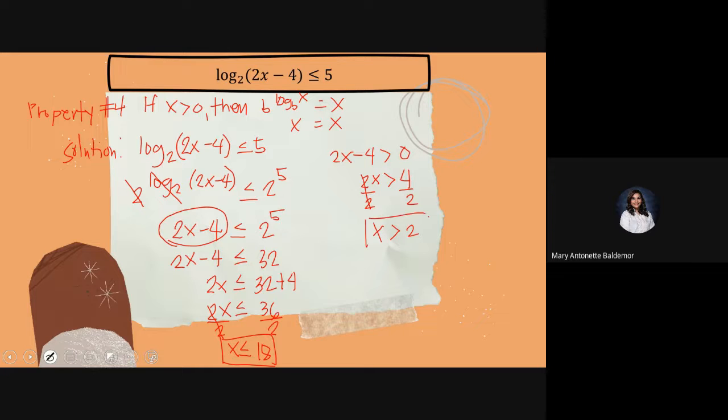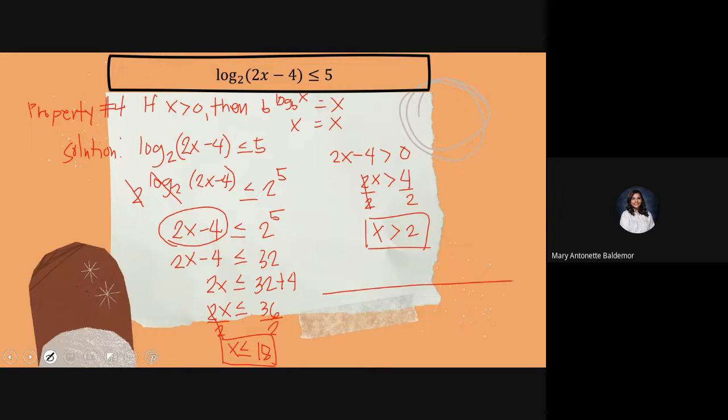Now, we can solve for the solution set of this logarithmic inequality. To do that, we have to plot the values using the number line and then get the intersection. We are just going to approximate because 2 is far from 18.